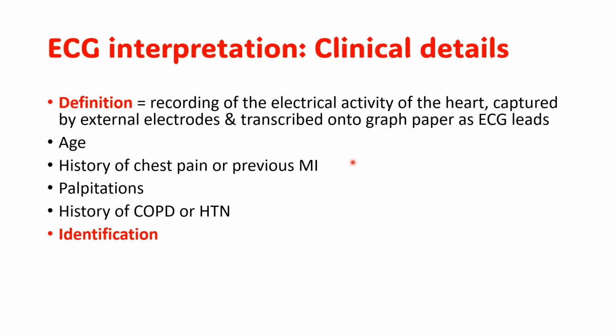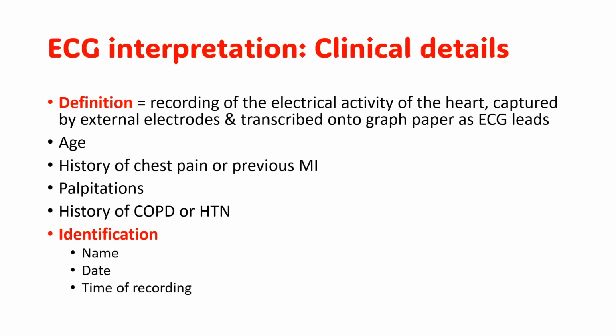Do they have any chest pain, previous heart attacks known as MIs, histories of COPD or hypertension, high blood pressure? Have they been having any palpitations? Identification information, so a name, the date, the time of recording, all very, very important details.